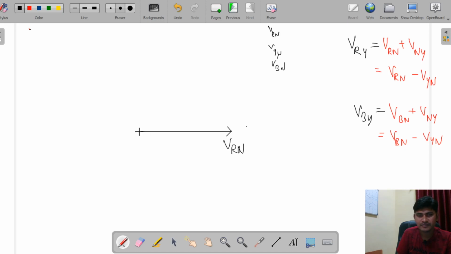Now let me draw phasor VYN. How can I draw VYN? VYN lags VRN by an angle of 120 degrees. The angle between these two will be 120 degrees. Again, the angle between these two will be 120 degrees. This lags this voltage by an angle of 120 degrees. Now let me draw phasor VYN.